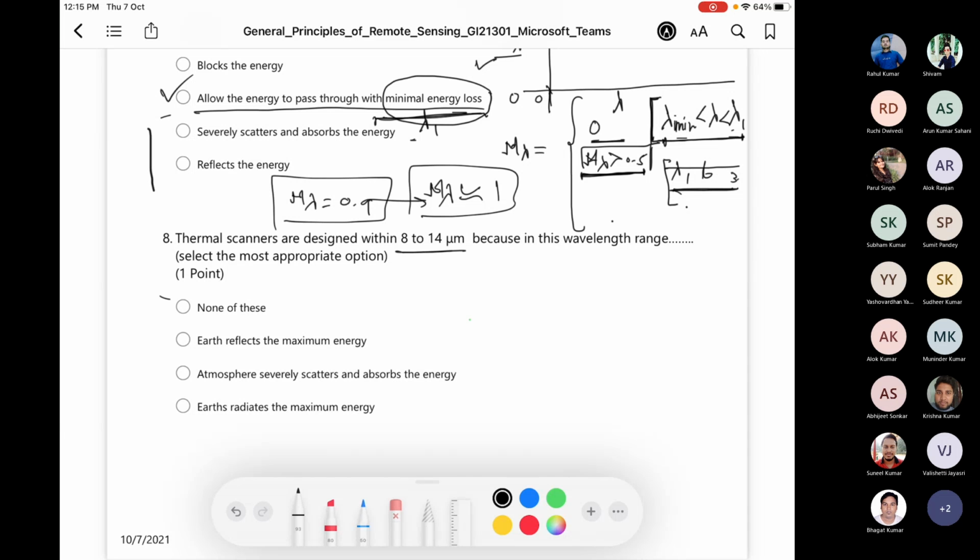Thermal scanners sense the radiated energy component. Actually, they sense the temperature.